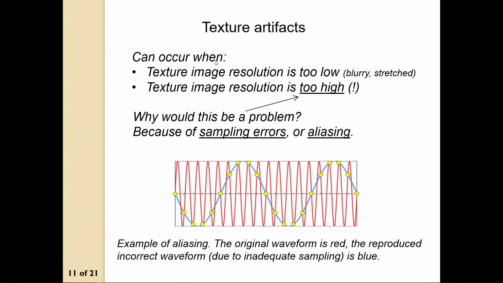Imagine you had a checkerboard pattern, where the top is white and the bottom is black: white, black, white, black. If I sampled it at a bad rate, just here, here, here, instead of the white-black oscillation I would see just white.